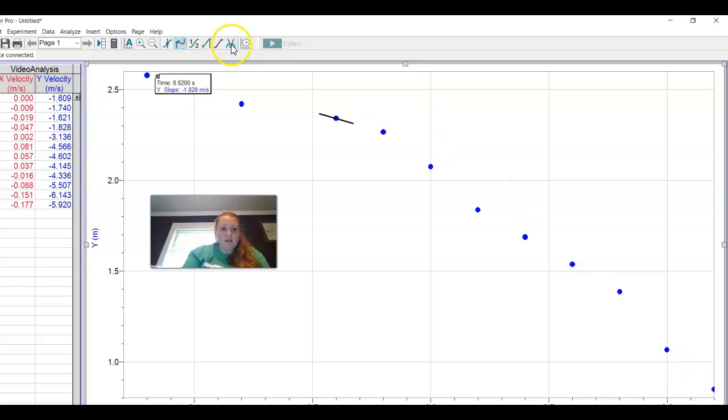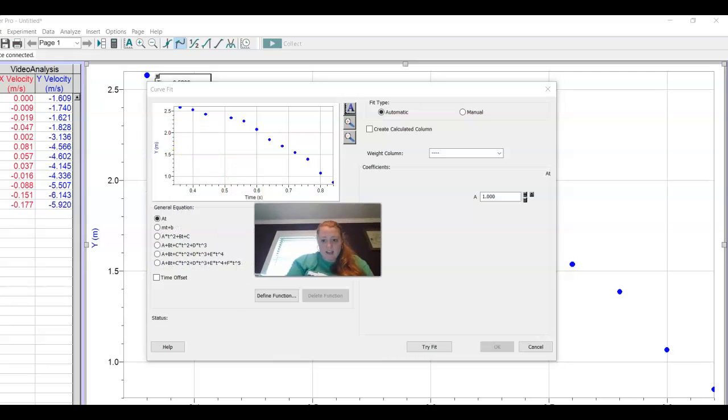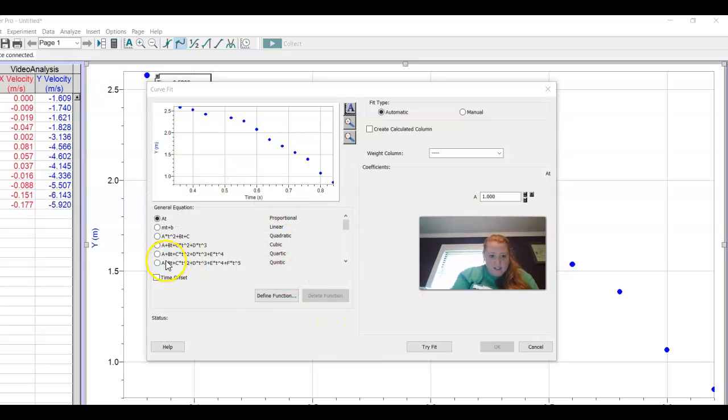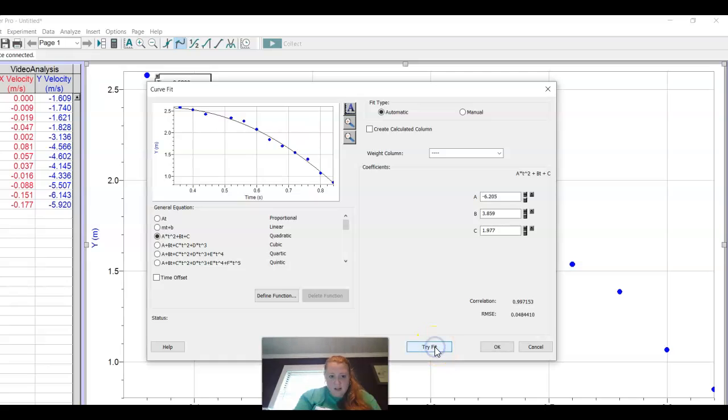Okay, so another thing I want to show you is we're going to look at a curve fit. And here, this is quadratic. You can see how nice the quadratic function fits with our data here. So I can click try fit.